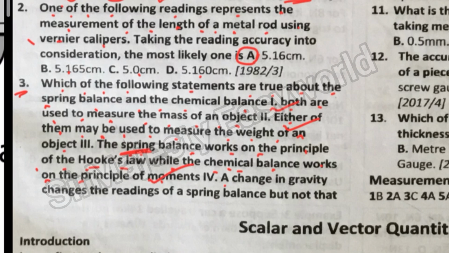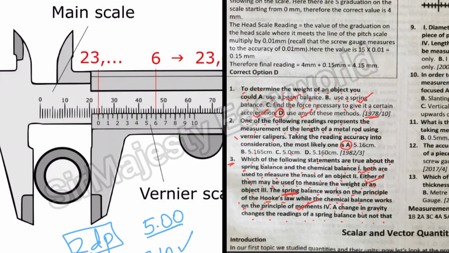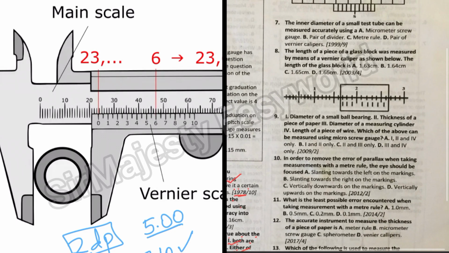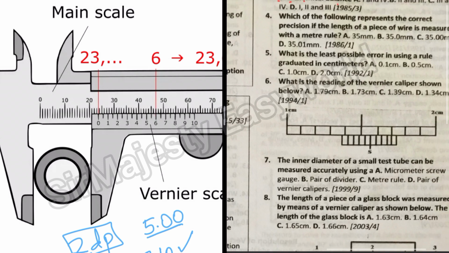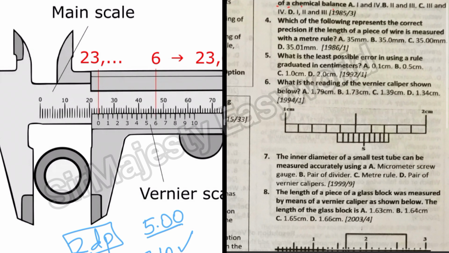Number 4 says, a change in gravity changes the readings of a spring balance, but not that of a chemical balance. The question is, is that correct? Now, for a chemical balance, of course, it's just balancing things on both sides, so gravity doesn't affect it.